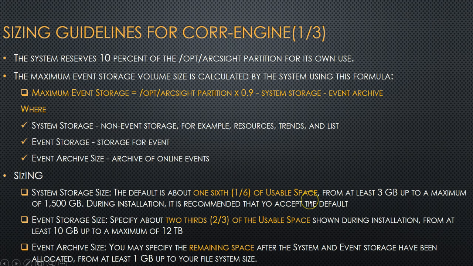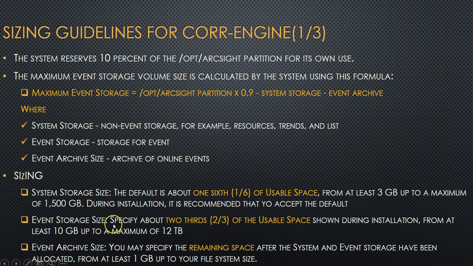By default, during the installation the system will check and allocate 1/6 of the usable space to the system storage, with a minimum of 3 GB up to a maximum of 1.5 TB. It's recommended to accept the default.